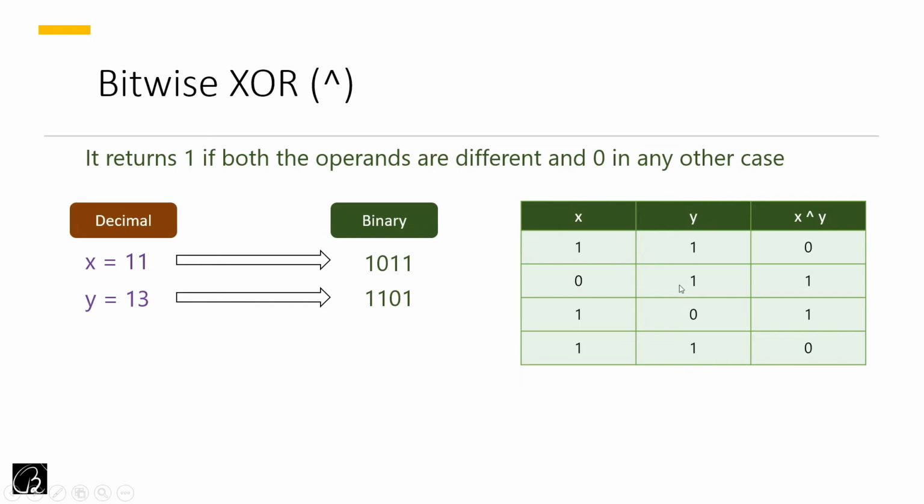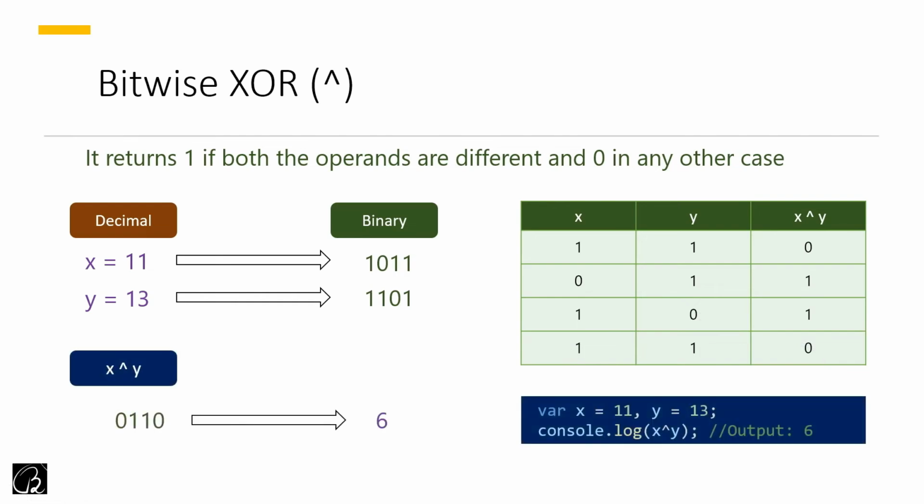One is 0, another one is 1. That is why we will get 1. In the third row also it would be the same. Both bits are different. That's why we will get 1. In the fourth row, both bits are the same. That is why we will get 0. So now if I convert 0110, we will get 6 in decimal. So that is the output of 11 bitwise XOR 13.